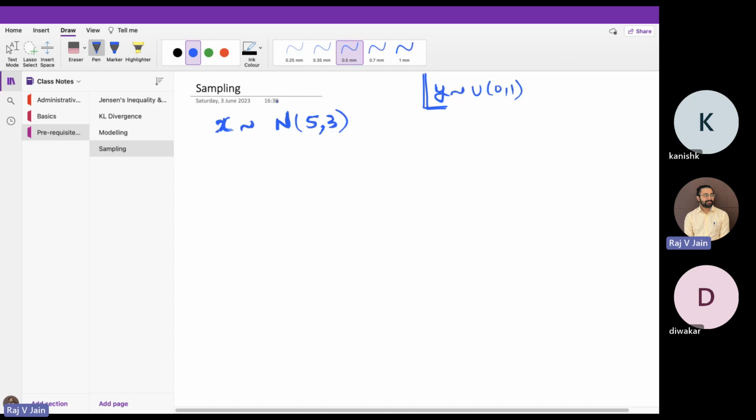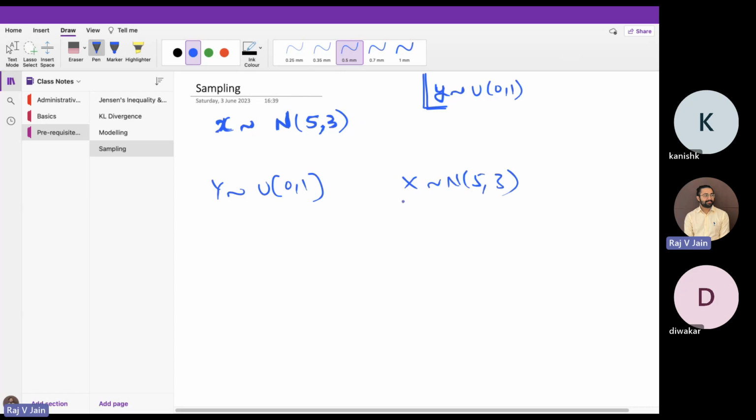We have already talked about this function of a random variable, right? So we know that y is uniformly distributed, and what I need is an x which is, let's say, like this, right?